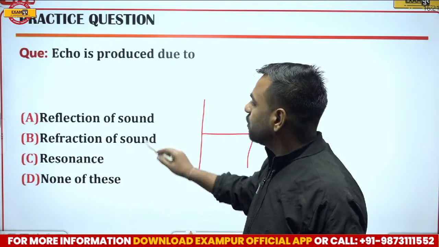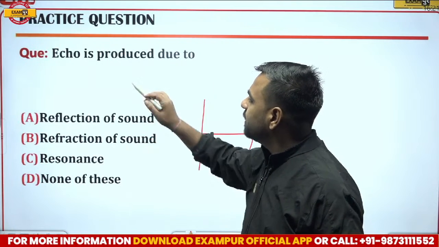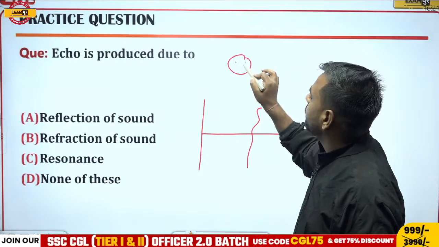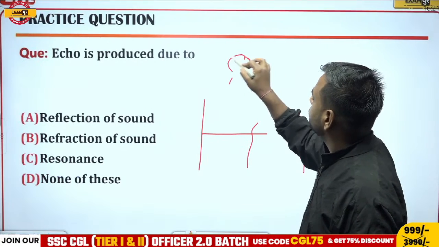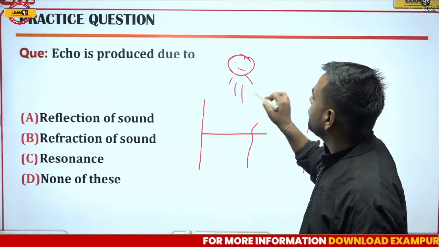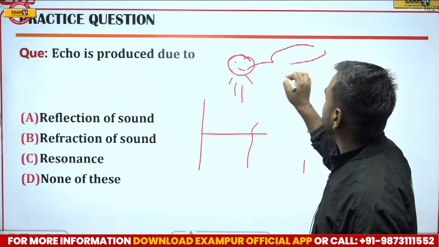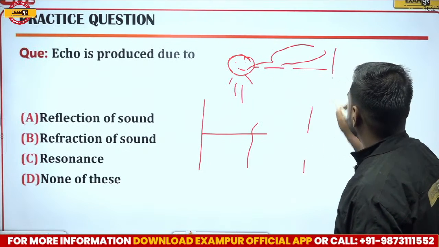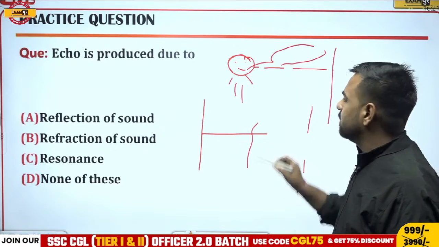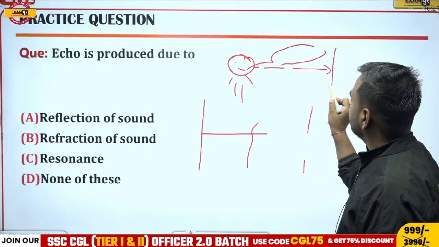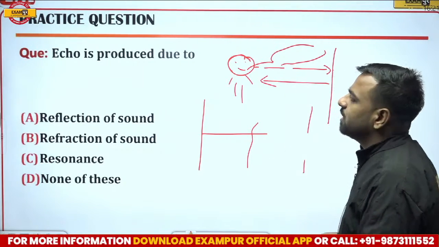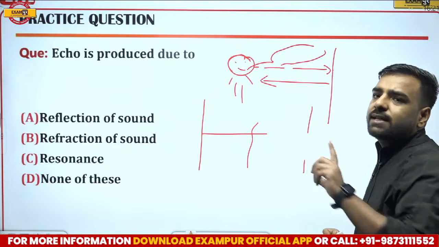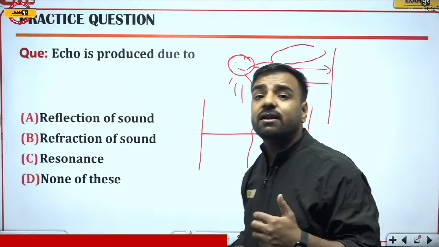Okay. Now if I talk about reflection and refraction, what is happening in an echo? There's a boy standing over here, and he's shouting something. There's a hilly area, or whatever it is. After striking it, if the sound is reflected back, this process is known as echo.